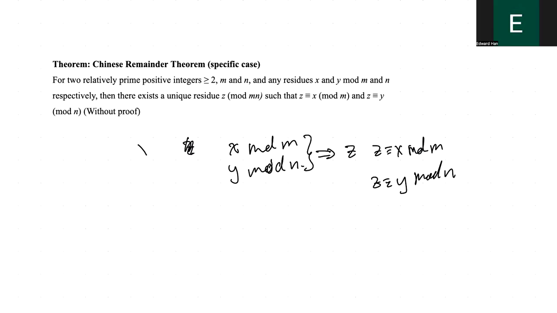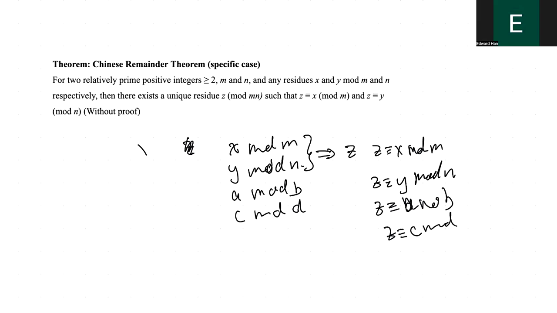There's also a generalized theorem where you can have many more residues. Like if I have A mod B and C mod D, and these are all pairwise relatively prime, then we can find a Z that is congruent to A mod B and Z is congruent to C mod D. But we're not going to use that today, and we don't use that on the homework either.